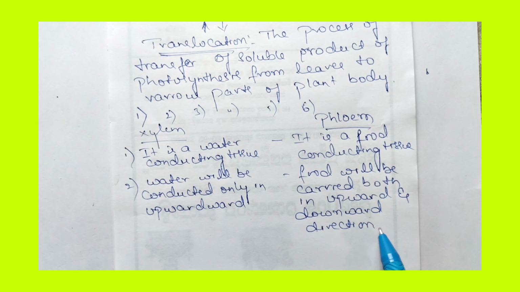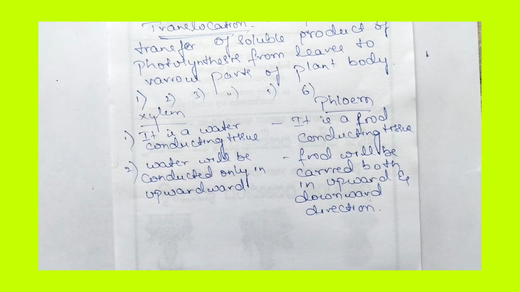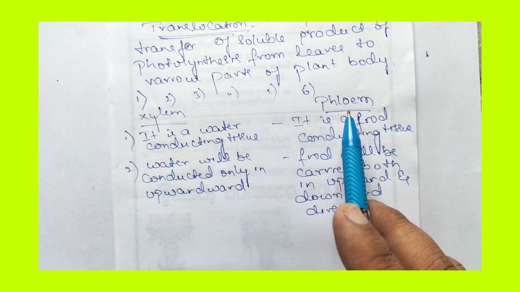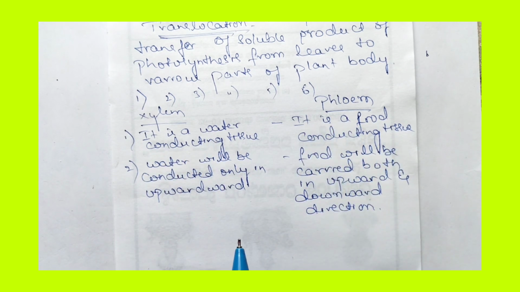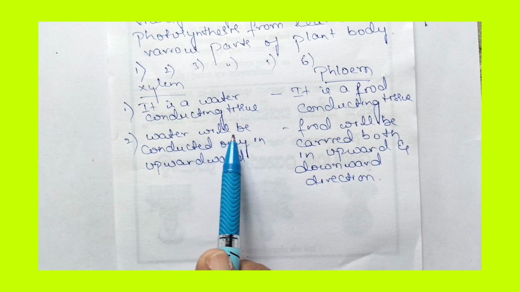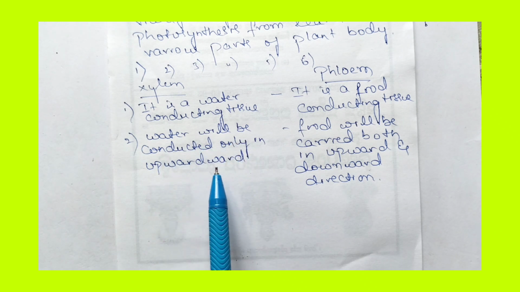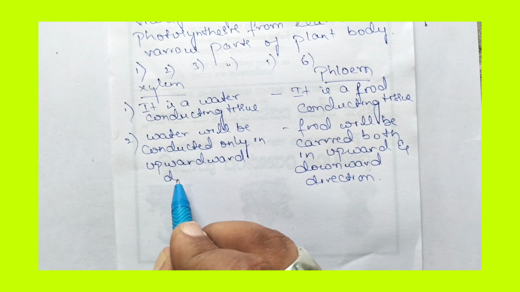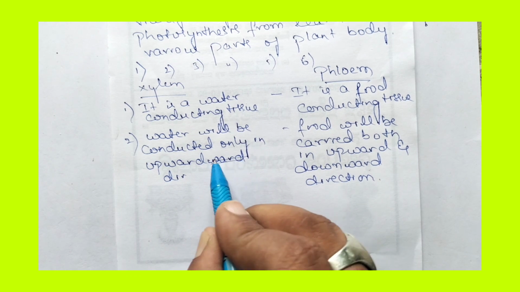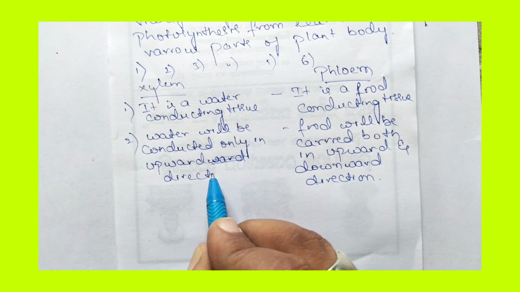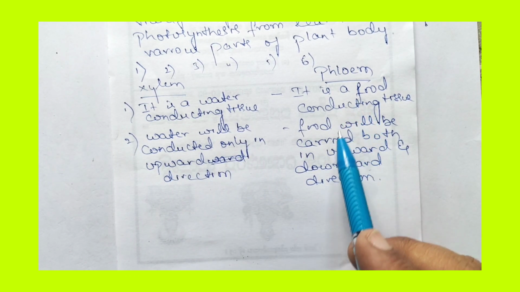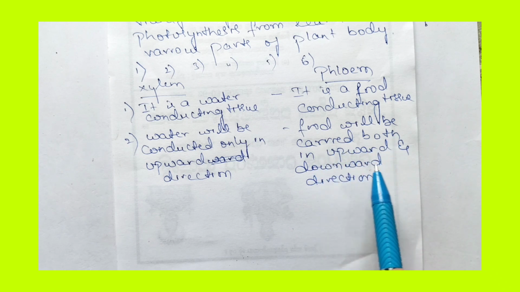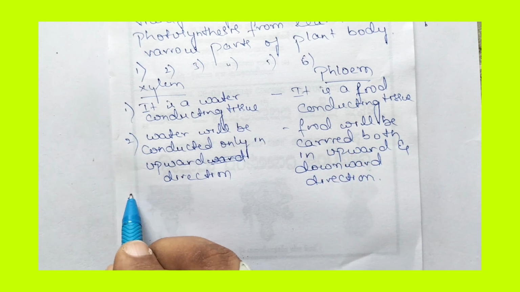So in both directions the food moves. So xylem is a water conducting tissue, phloem is a food conducting tissue. In xylem, water will be conducted only in upward direction, but in phloem, the food will be carried both in upward as well as in downward direction.